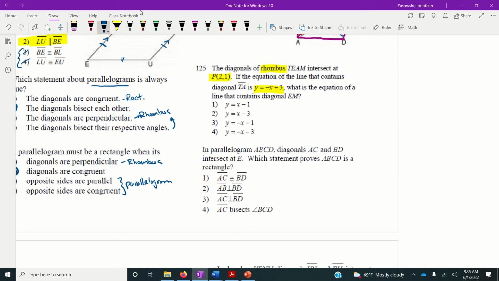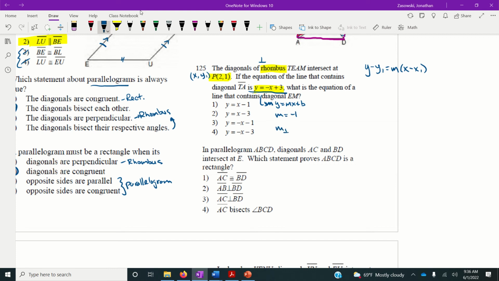So what we're going to use here is our y minus y1 equals m times x minus x1, our point slope form. This is our point. So this is the point x1, y1, and we know we are going to be perpendicular to this line because the diagonals in a rhombus are perpendicular. So the slope of the given line here, in y equals mx plus b, would be that the slope is negative 1.